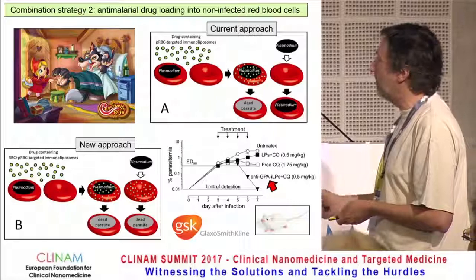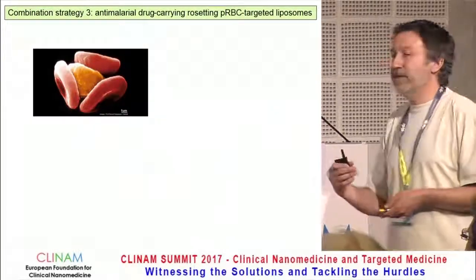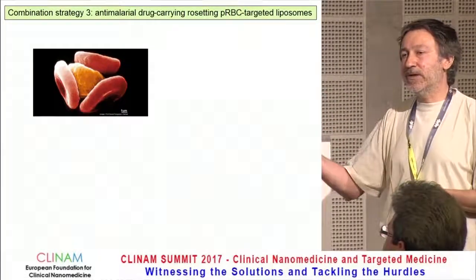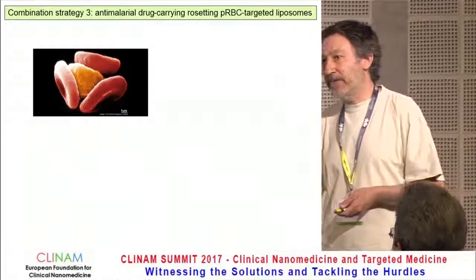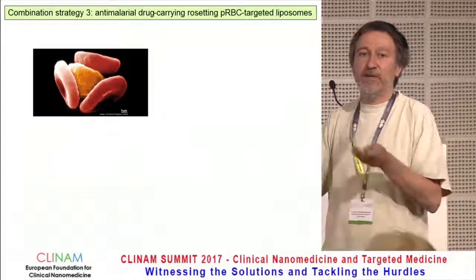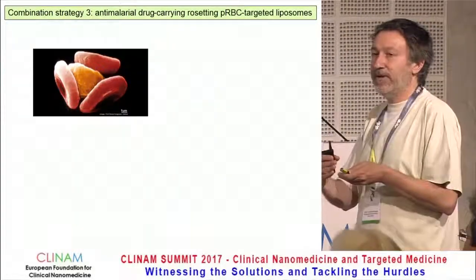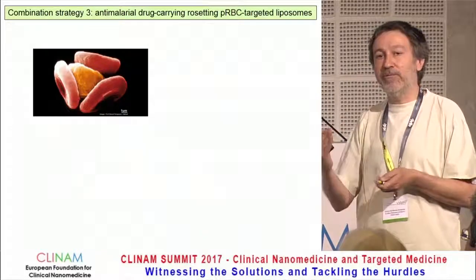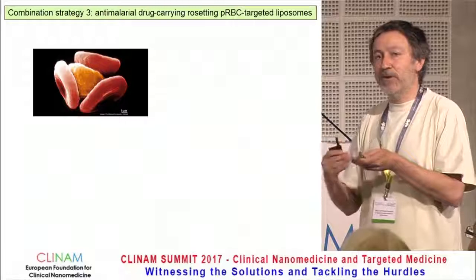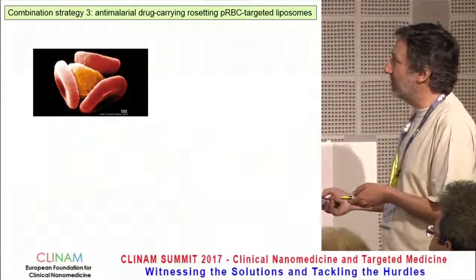A variation of this that we have recently implemented is you can also use antibodies that, besides targeting your target cell, have some other physical activity, like related to rosetting, which is the property of infected red blood cells to bind non-infected red blood cells and make these aggregates that are very dangerous because they clog the little capillaries, and they are one of the main problems in cerebral malaria.